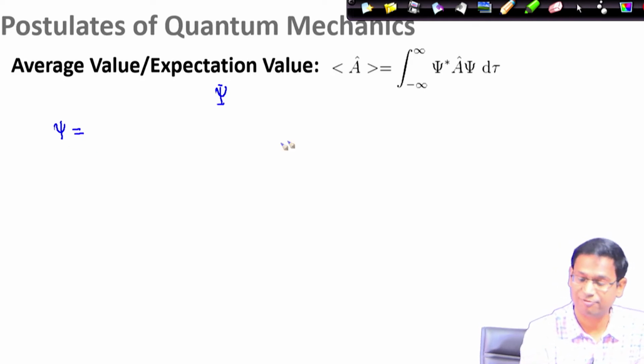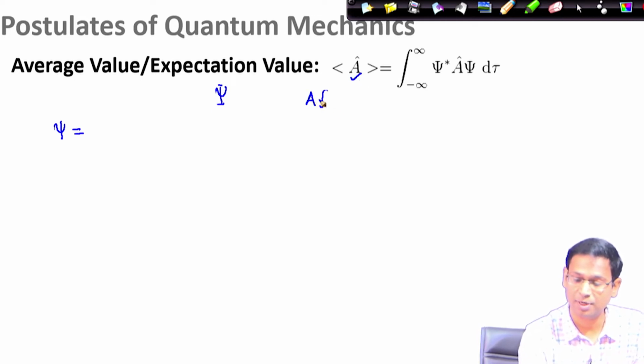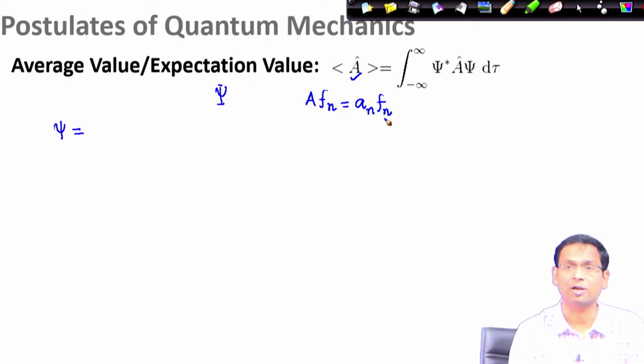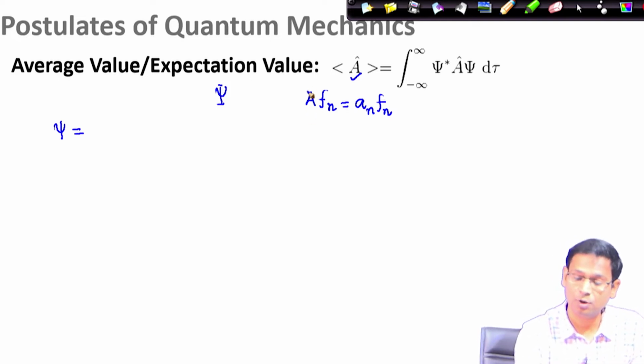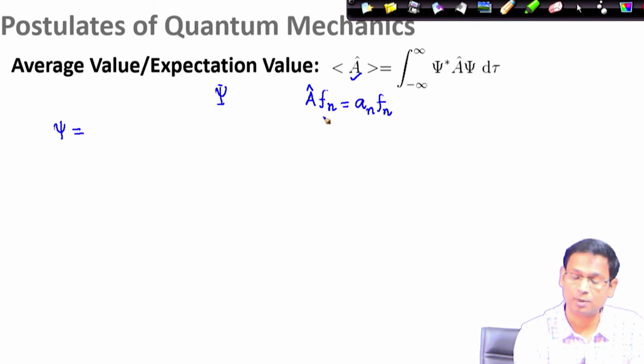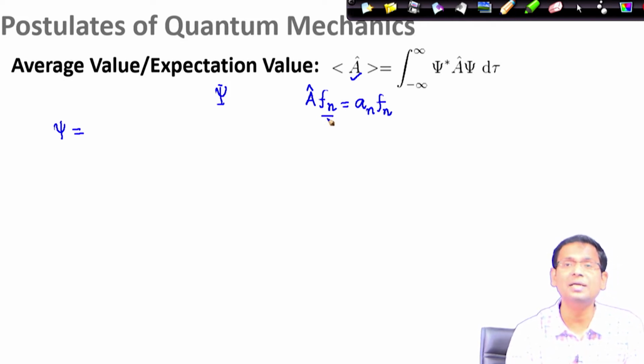Let me define that operator A has this eigenfunction f n with an eigenvalue of a n. We already know that if operator A is a Hermitian operator, then it always has a complete set of orthonormal eigenfunctions.